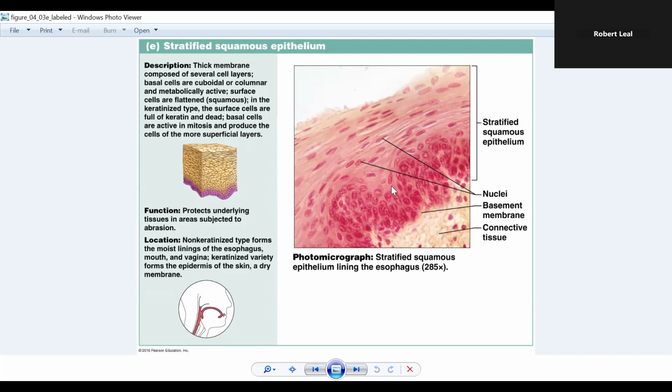Now, as the cells get older, they get pushed further up top, they get cut off from oxygen and nutrients, and they die. They flatten out. No longer are they alive, but they are providing protection. So if you think of anytime we have more friction occur, like say on your skin, you'll start to form more calluses. Well, that is pretty much dead cells, and that is providing protection.